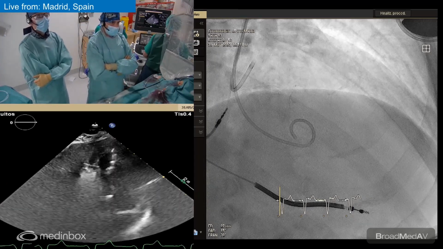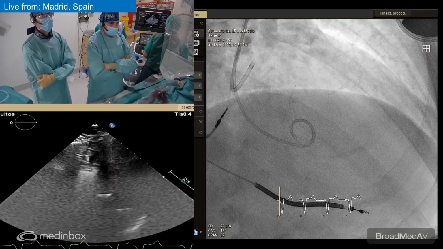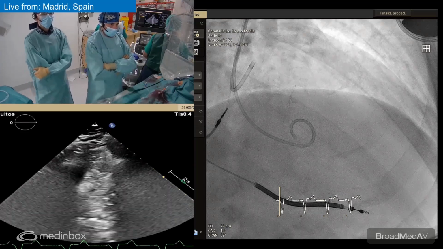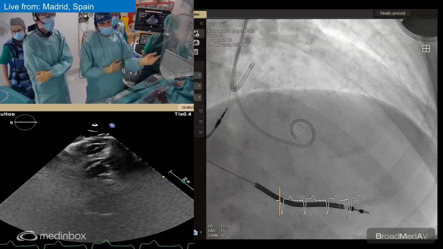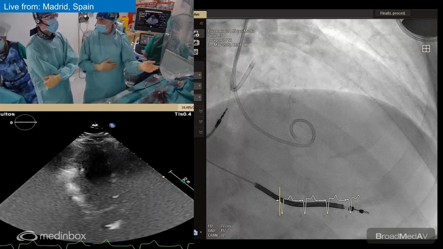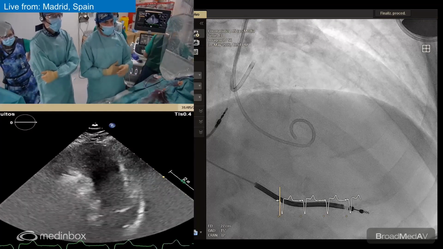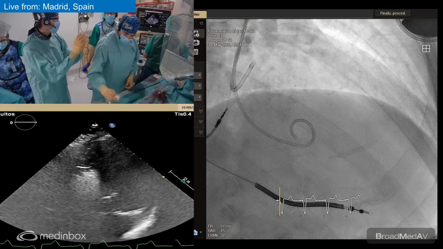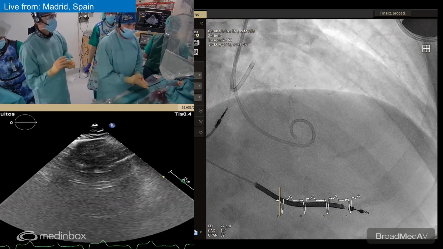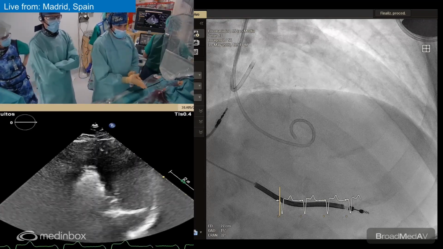So it's the whole work. I think this was the last drop. Maybe we have to learn that the first should not always be the bigger, but probably the more proximal. The most important thing is to look at the echo. If you are at the point you want to ablate, you can try. Yes.